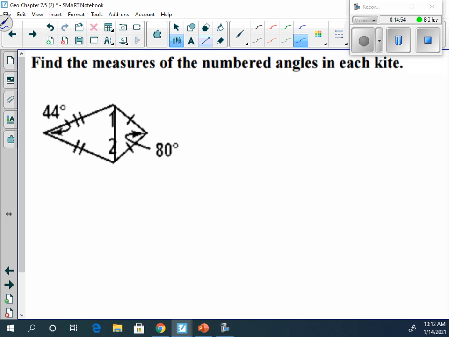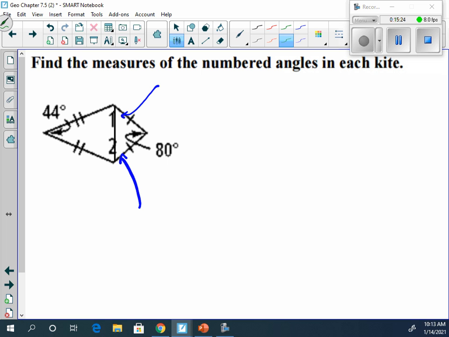If we look at this here, this angle here and this angle here, where that diagonal is formed, are going to be congruent to each other.